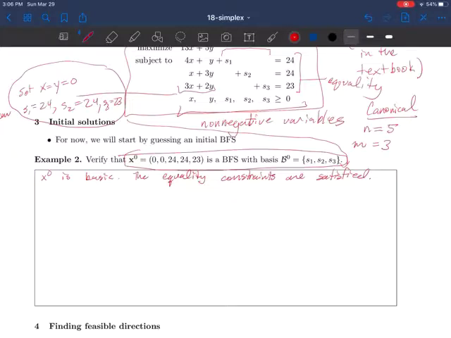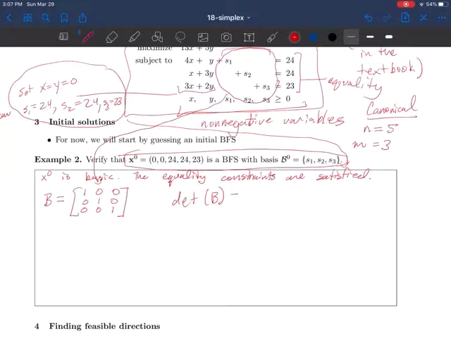Second, I'm going to note that the columns associated with the variables S1, S2, S3 form the following matrix. Okay, so we need to verify that these columns, or the matrix formed by these columns, are linearly independent.